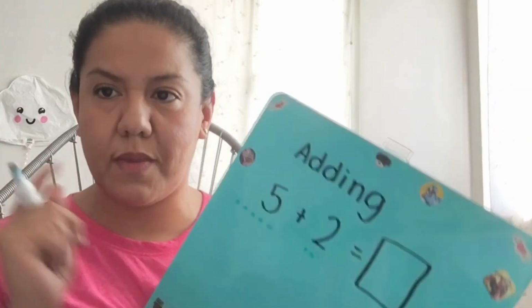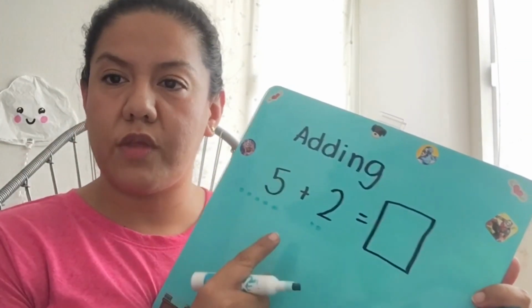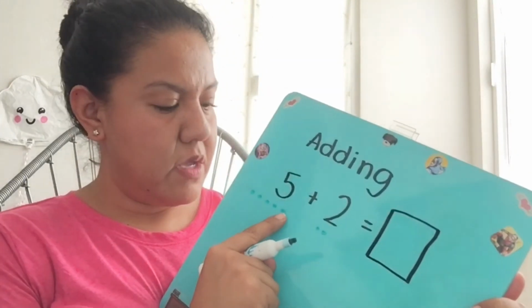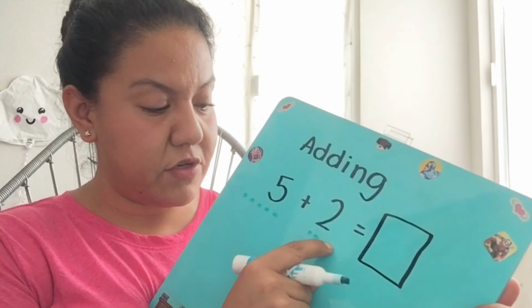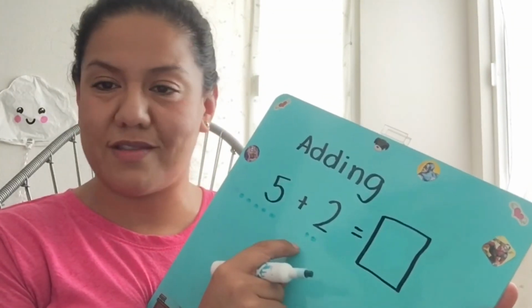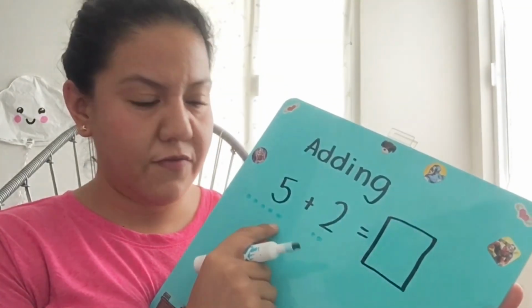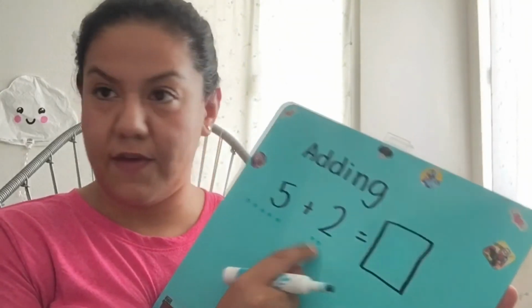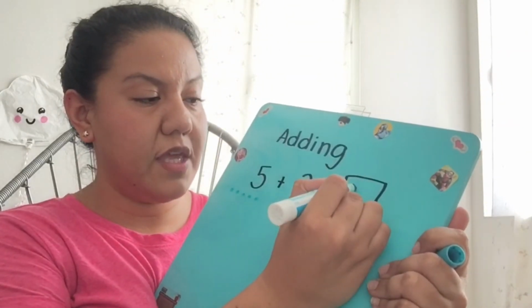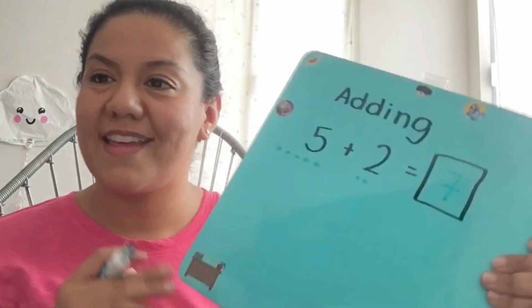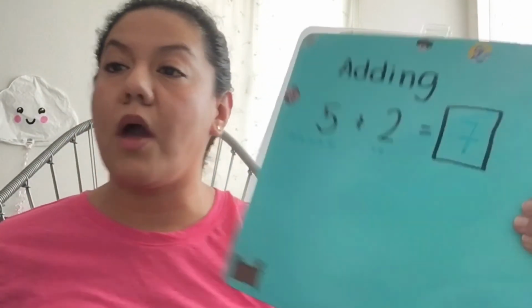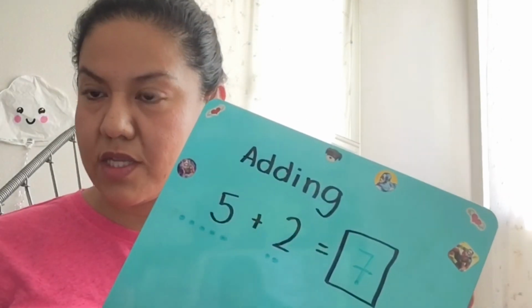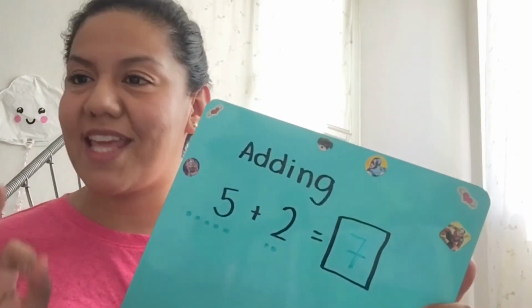Or also, remember, if we already know that we have 5 dots, now you just have to add the number to these two. 5, 6, 7. And we have the answer. Okay? Just try to solve the operations in different ways you can imagine and find the easiest for you.